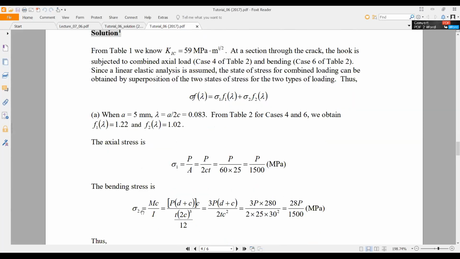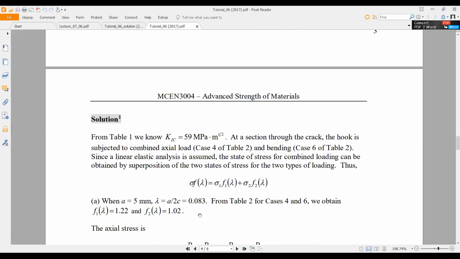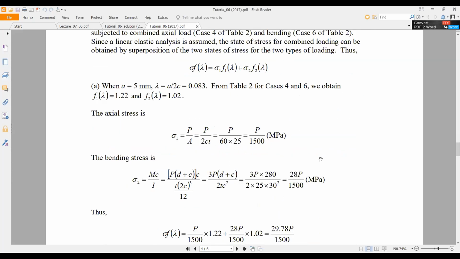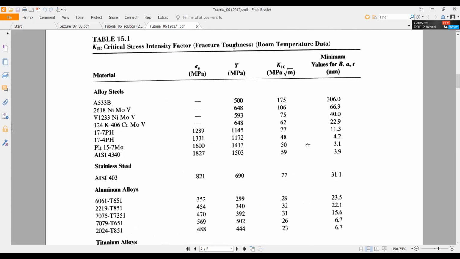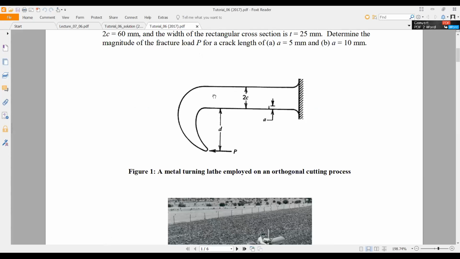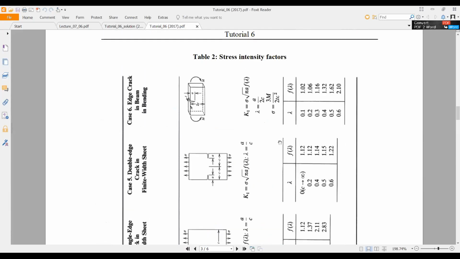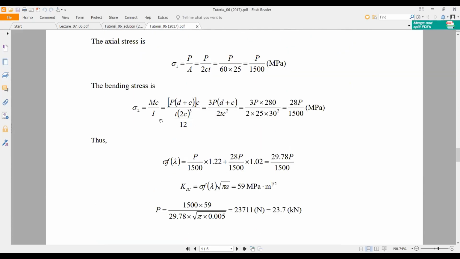The bending stress is, as I told you, sigma equals M times C divided by I. Here M is P times D plus C. I already showed you that distance. And C means this crack available at the surface. So we calculate the bending moment to this central axis. The distance C is from the center axis to this crack. Then divide by the second moment of inertia for the rectangular cross section, which is like B and D, thickness and width.